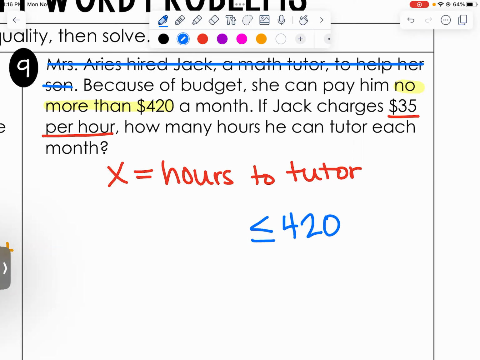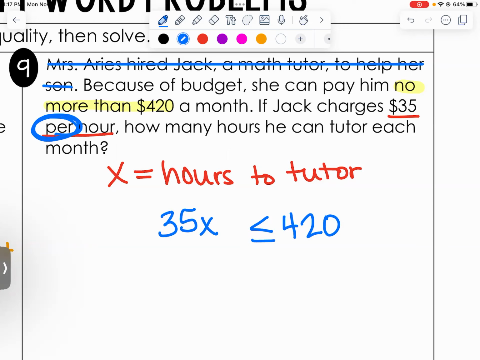Okay, now Jack charges $35 per hour. What are we going to put on the left side? 35 times X. Per is one of those multiplication words.